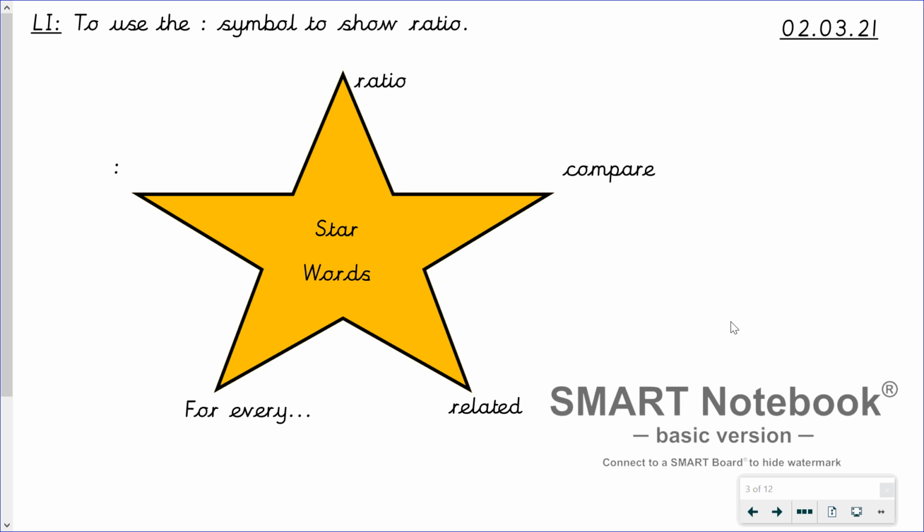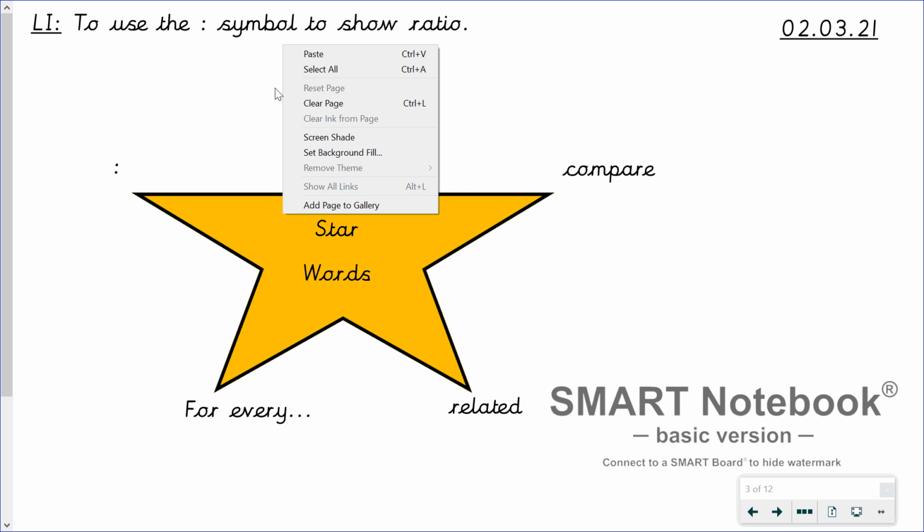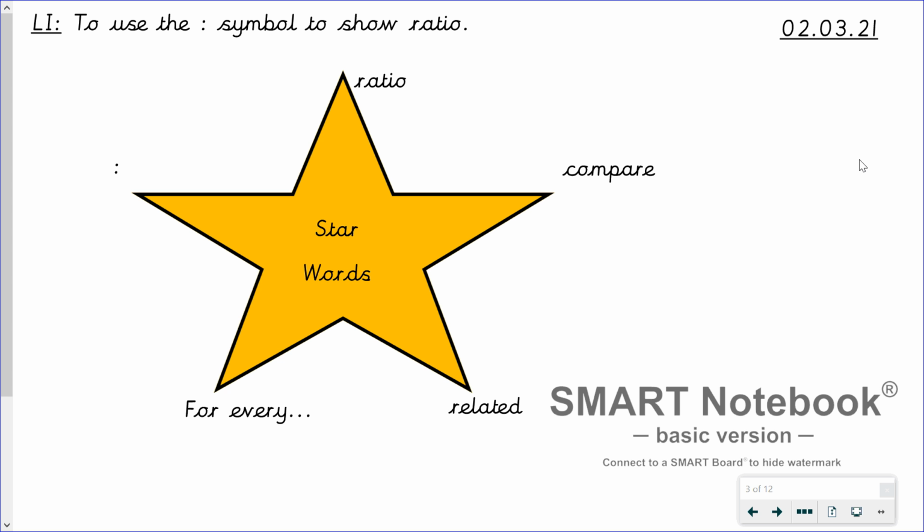Right, so your learning intention for today is to use the, well, as we call it the ratio symbol, but it's a colon. So we're using a colon as a ratio symbol to show the ratio. Okay, so your star words are ratio and comparing again, looking at related facts, still thinking about for every when we think about ratio, and we've got the colon there as our ratio symbol.